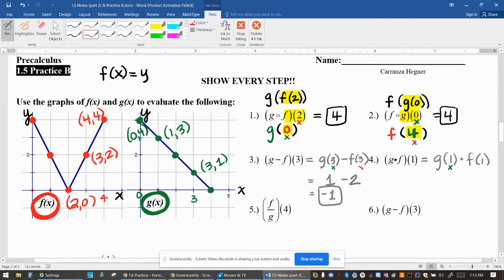I forgot to label that this was an x value on the f function. Okay, so the f function, f of 1, the ordered pair is 1, 2. So again, g of 1 is 3, and f of 1 is 2. So my answer is 3 times 2, which is 6.